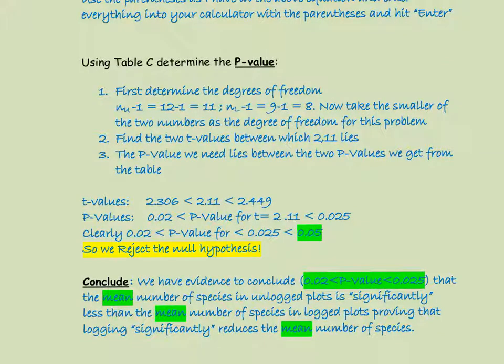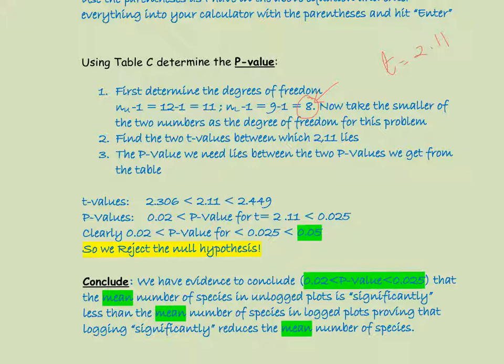Now we're going to use table C exactly as we did before in chapter 17. Our T statistic is T equals 2.11. In order to use table C, we need to know the degrees of freedom. We pick the smaller of the two degrees of freedom, so the degrees of freedom that we take to table C is equal to 8.